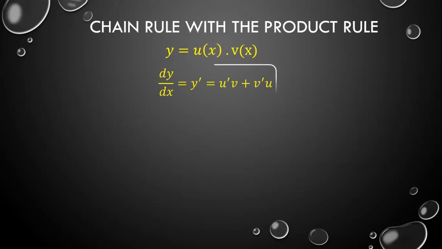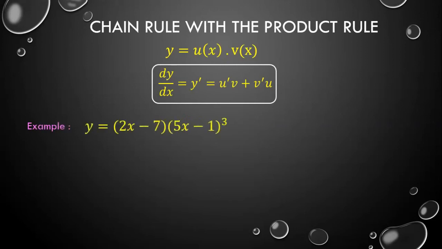Once again, dy over dx or y prime equals u prime v plus v prime u. This is example 1: y equals (2x minus 7) times (5x minus 1) cubed. Let 2x minus 7 be named u, and (5x minus 1) to the power of 3 be v.